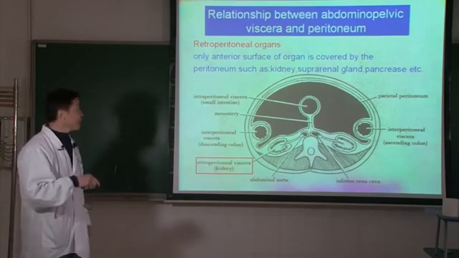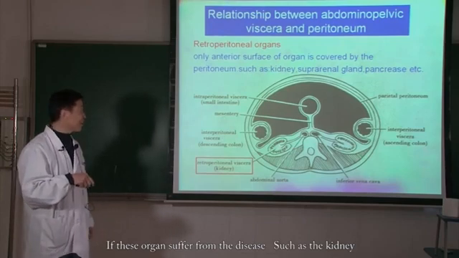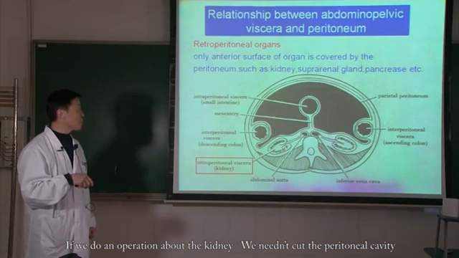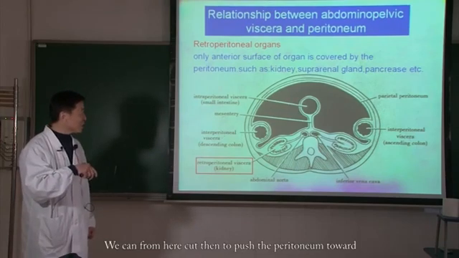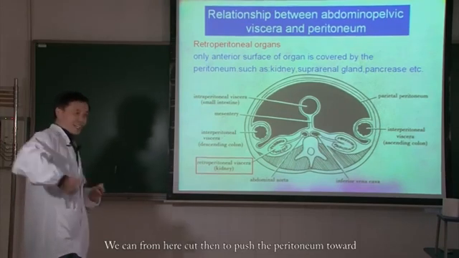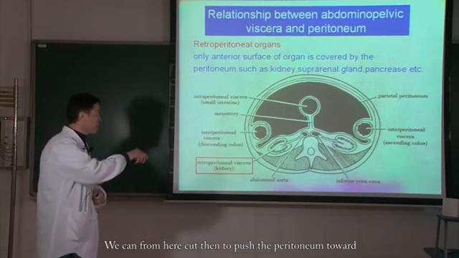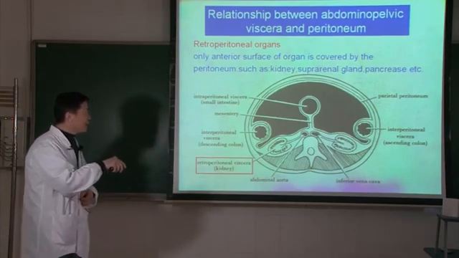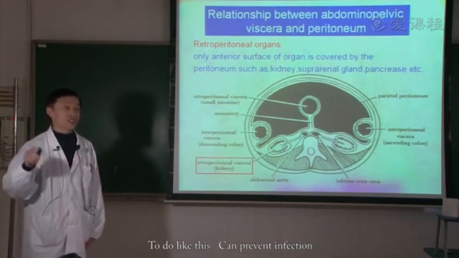This we call retroperitoneal. If it suffers from a disease, such as the kidney, if we do an operation on the kidney, we don't cut the peritoneal cavity. We can cut from here, then push the peritoneum toward. Doing this can prevent infection.